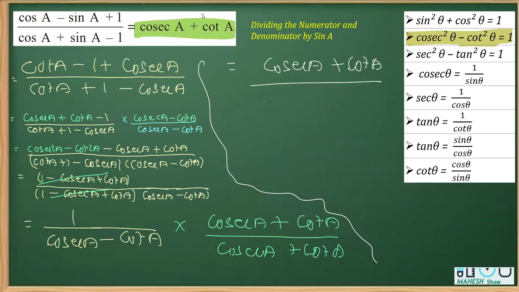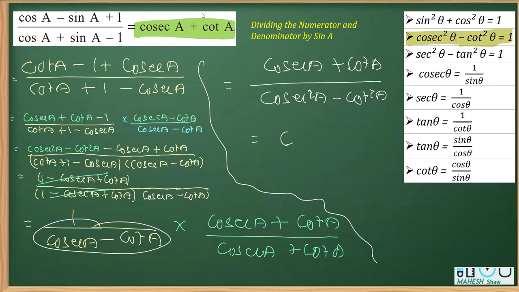In the denominator, once again, it is in the form of A minus B into A plus B, which should give you A square minus B square. That is cosec square A minus cot square A. Now you can see that in the denominator, again, we can apply the identity.